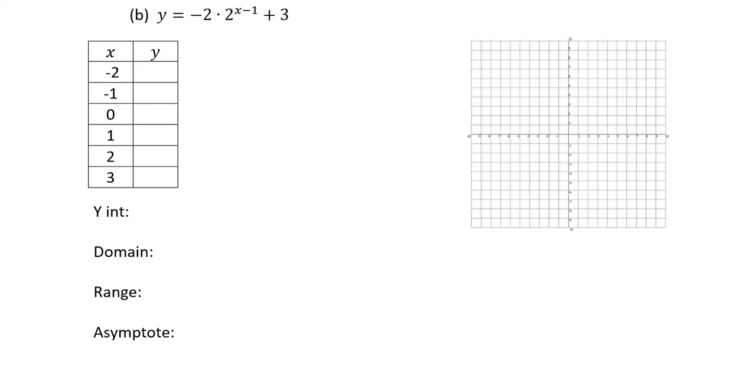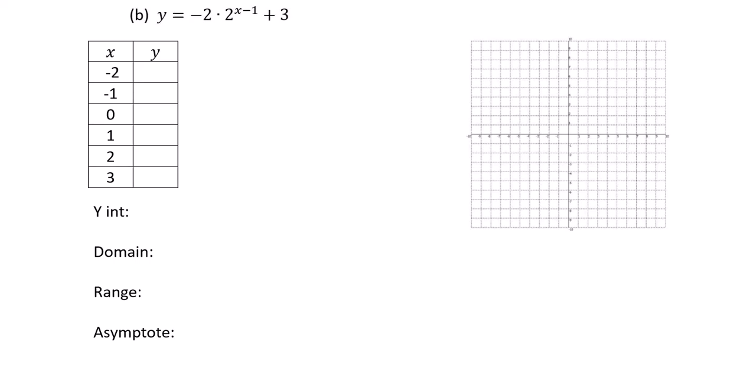My plus 3 is going to shift the entire graph up 3 units. And those transformations are done in that order, the order of operations, taking the exponent transformation first, multiplication transformation, and addition transformation.